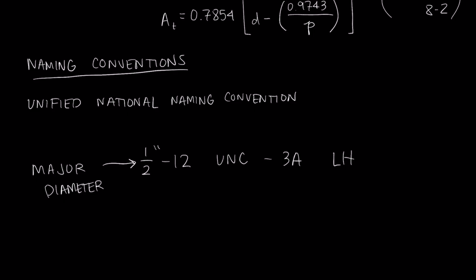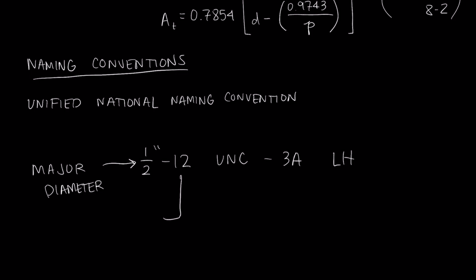So a number 12 bolt, for instance, has a major diameter of 0.2160 inches. A number 0 bolt has a 0.060 inch diameter. So you can look those values up in tables if you have a bolt that is under a 1/4 inch.